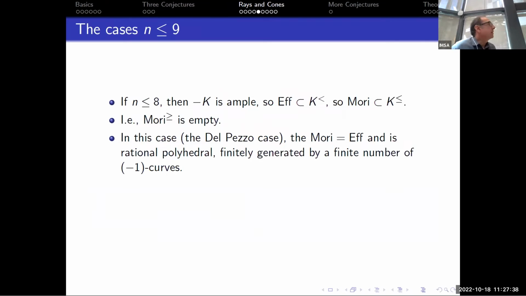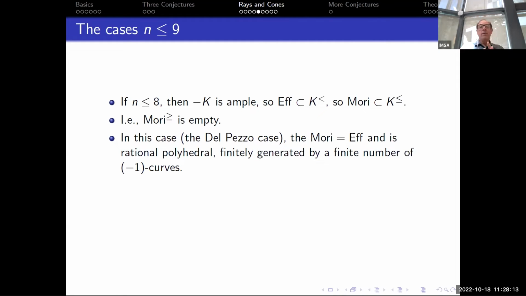So, the conjectures that I mentioned, Segre, SHGH and the Nagata conjecture, they were all conjectures about 10 or more points, remember? So what's going on with 9 or fewer points? Why do we know more there? We have theorems. And the reason we have theorems, from the point of view of Mori theory, is that things are essentially polyhedral. If n is less than or equal to 8, then the anticanonical is ample.